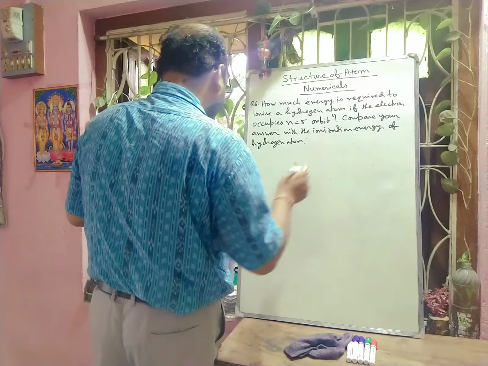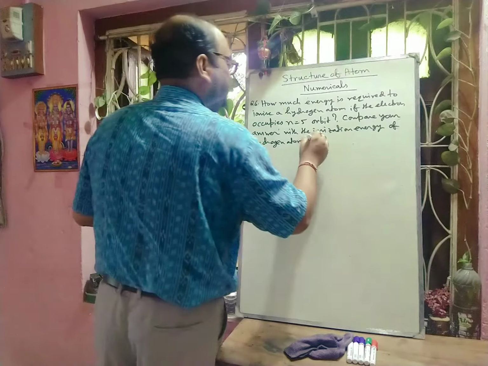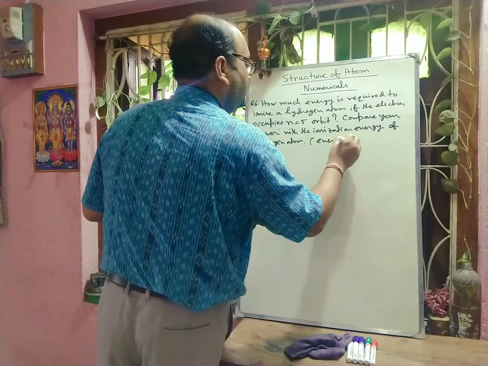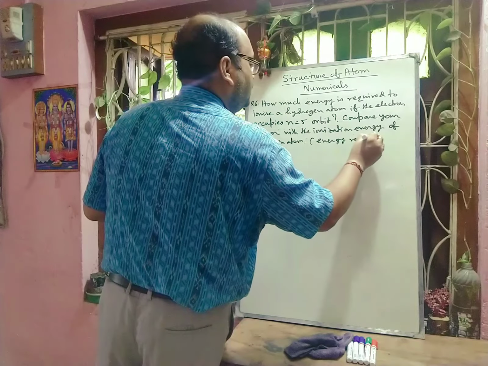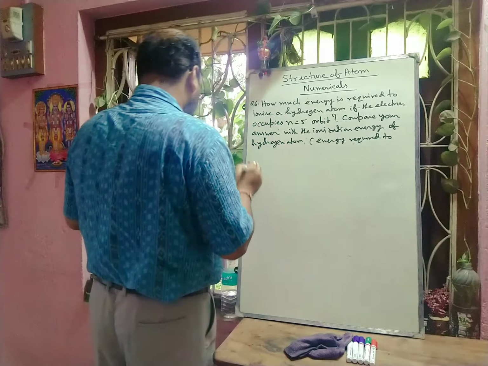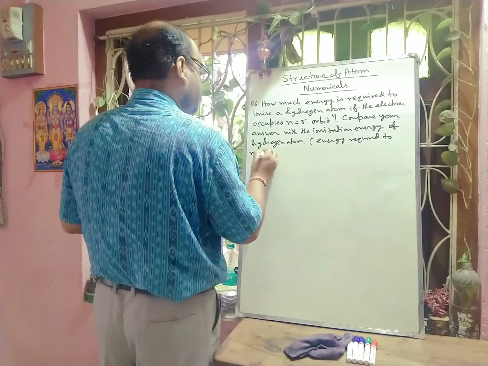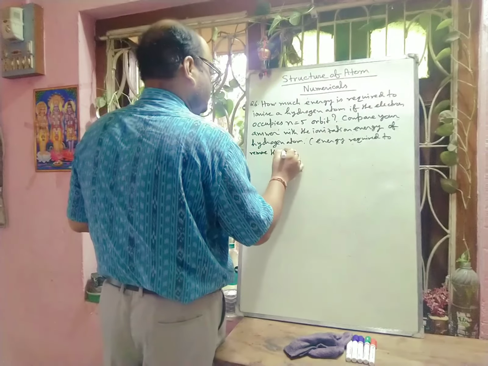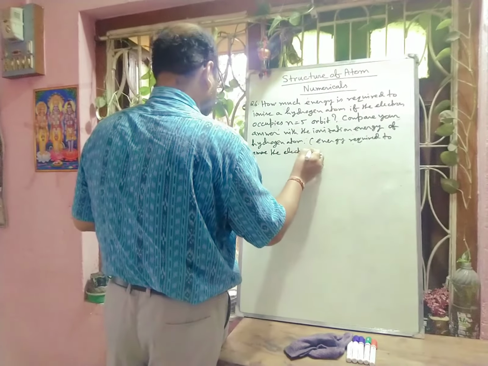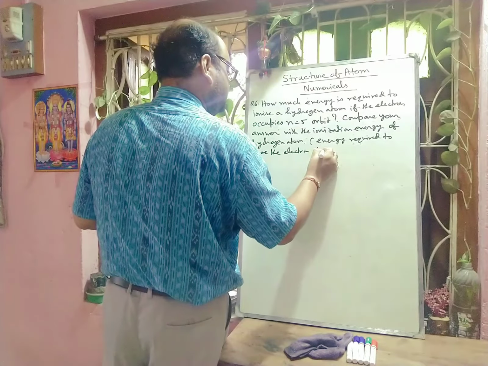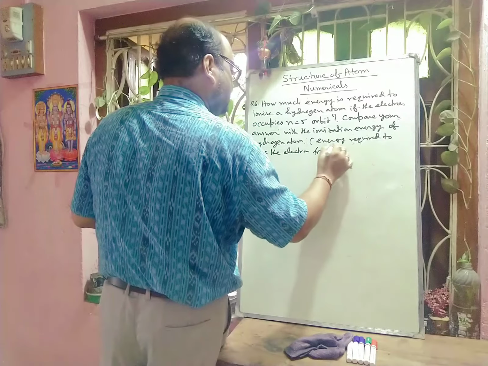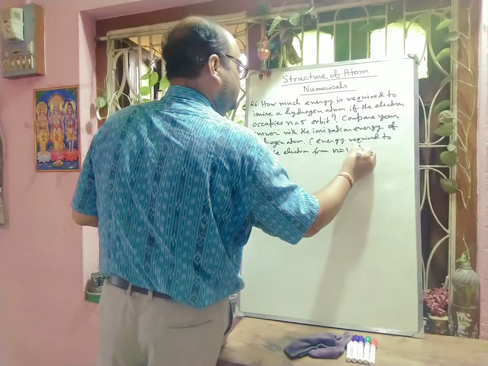Energy required to remove an electron from n is equal to 1 orbit is given.